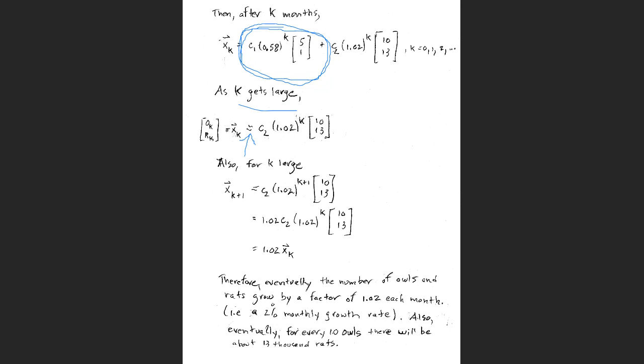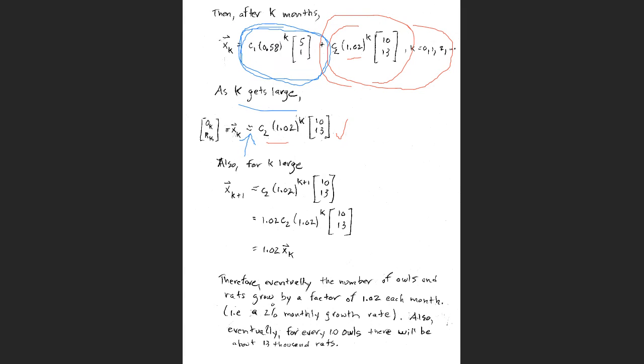And the second term does not drop to 0, because 1.02 to the kth power does not go to 0 as k gets large. It goes to infinity. So it's always there. So the owl and rat populations for k large will be approximately equal to C2 times 1.02 to the kth power times the eigenvector 10, 13.